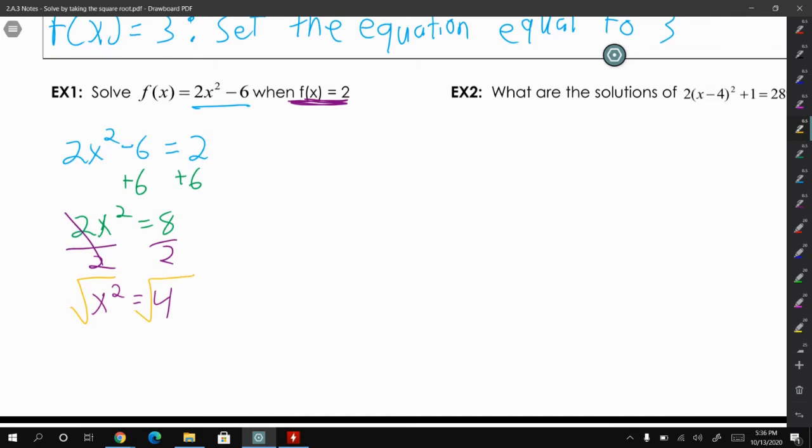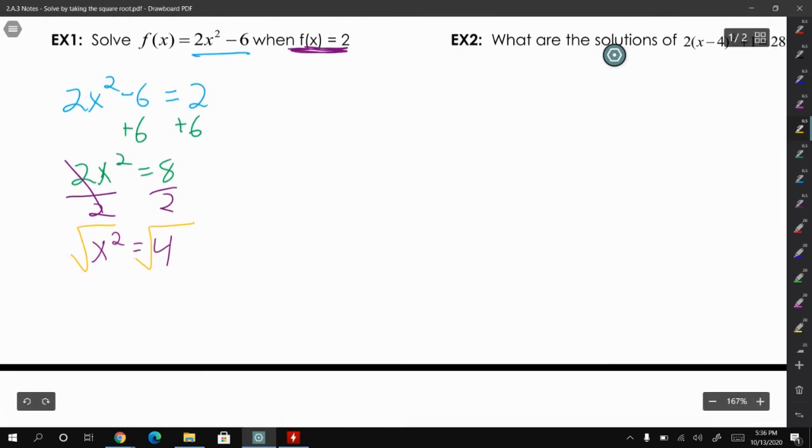When you take the square root, you have to think about two solutions. If you go in the calculator and type in the square root of 4, you're going to get 2. So you can say x equals 2. However, when you think about plugging this back in, you have to realize that x squared equals 4 means that x could be two different numbers. It could be positive 2, it could also be negative 2.